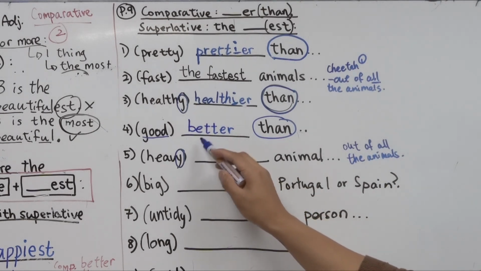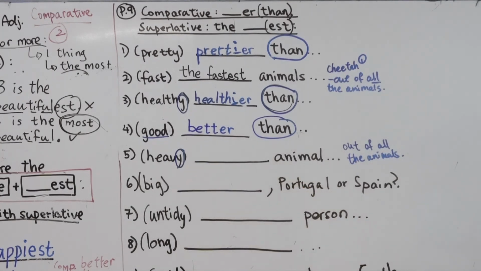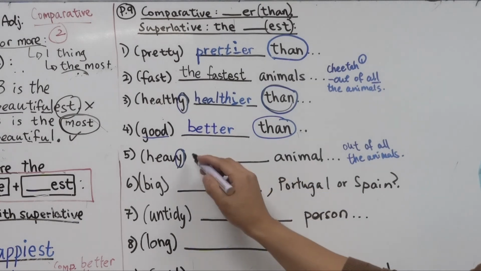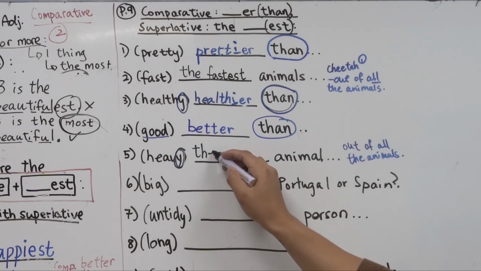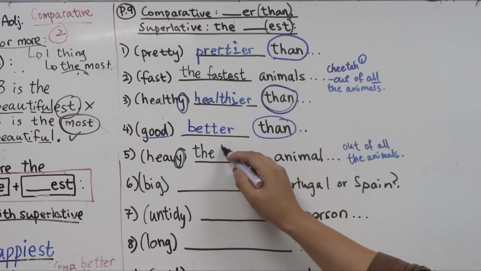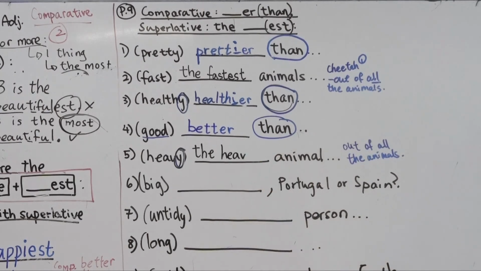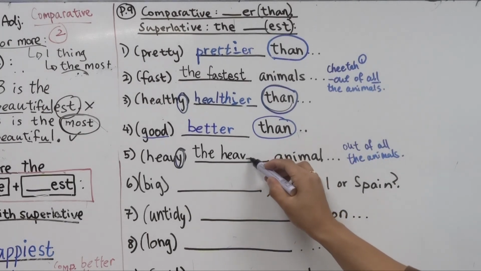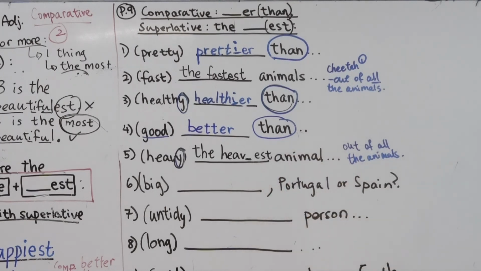Oh, sorry, this is the superlative, so I should use black one. So the. For superlative, always the article comes before the superlative. And the word heavy, Heav, we'll skip one letter, add the est ending for superlatives.